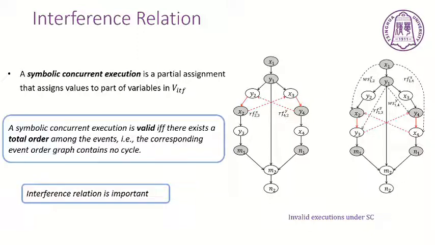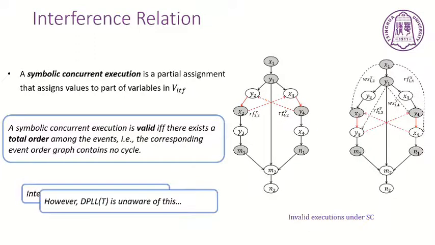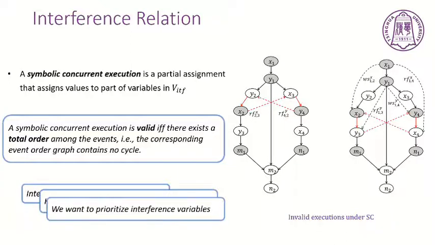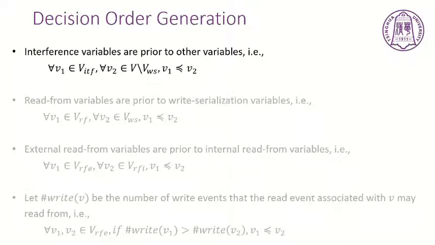Therefore, we want to prioritize the interference variables. So we generate a decision order to decide which unassigned variable should be selected. We propose four heuristics. First, interference variables take priority over other variables.